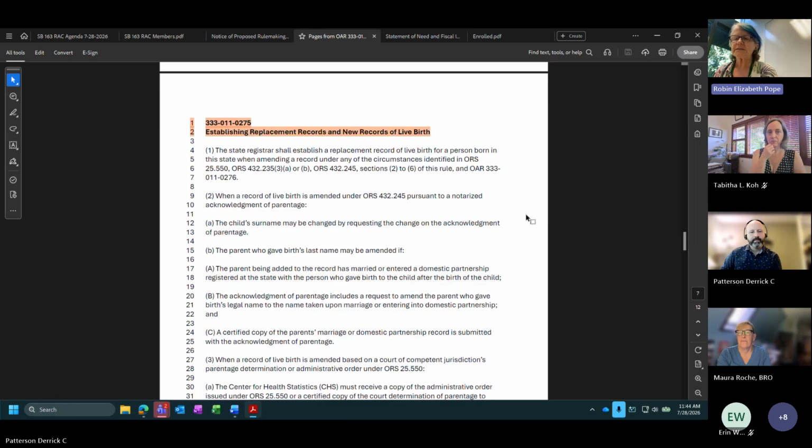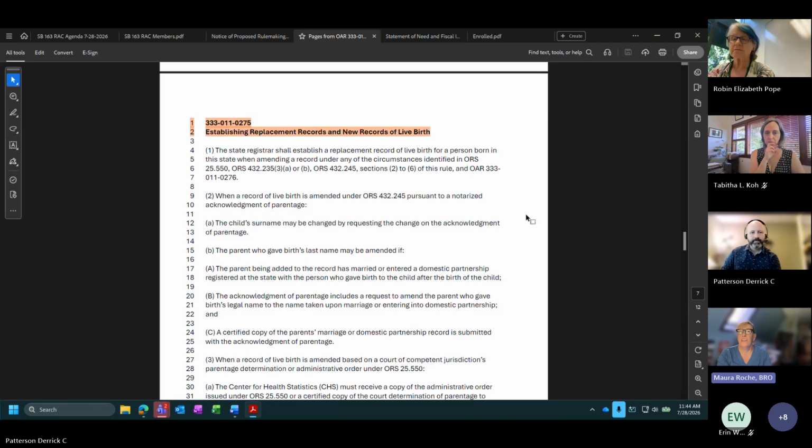So there would be a legal distinction between those relationships. And then married is obviously married. So if the policy intent is that two people come in and say, we're domestic partners and we both want to be on this birth certificate, if that's the policy intent, that's fine. But you start out by saying registered at the state. So that says to me, you want it to be a registered domestic partnership. So I think you need to be clear throughout, using the same terminology, that it's a registered domestic partnership.